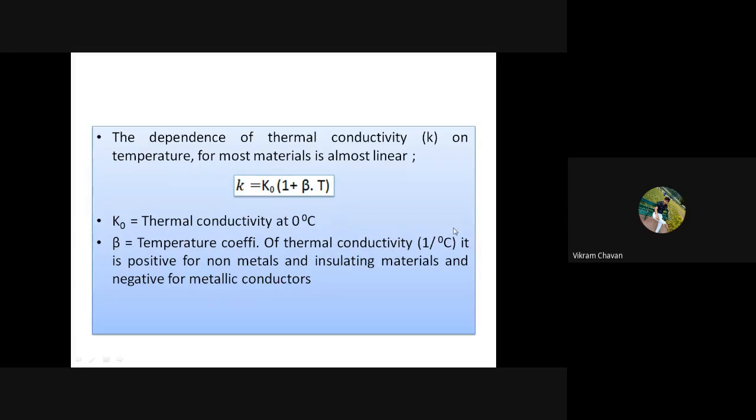Its unit is 1 upon degree Celsius, or inverse of temperature. So generally thermal conductivity follows this equation, and from it we can find the variation in thermal conductivity with respect to temperature.